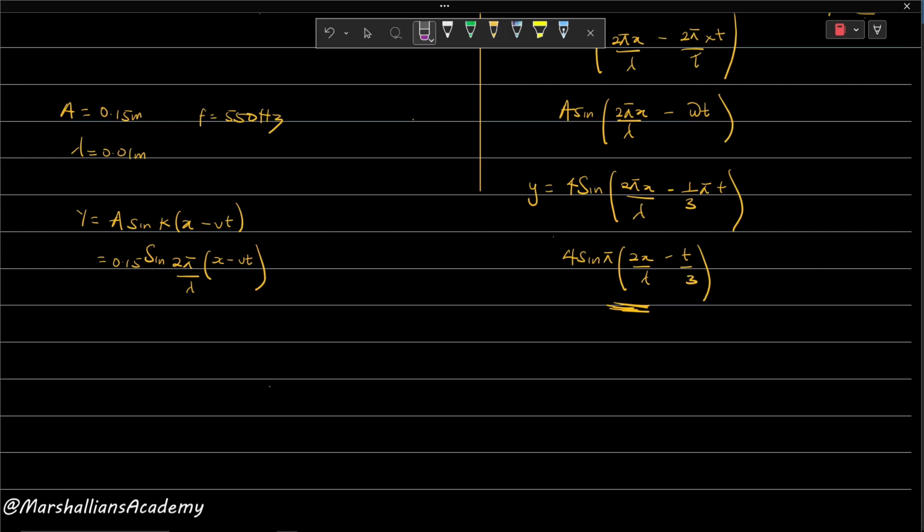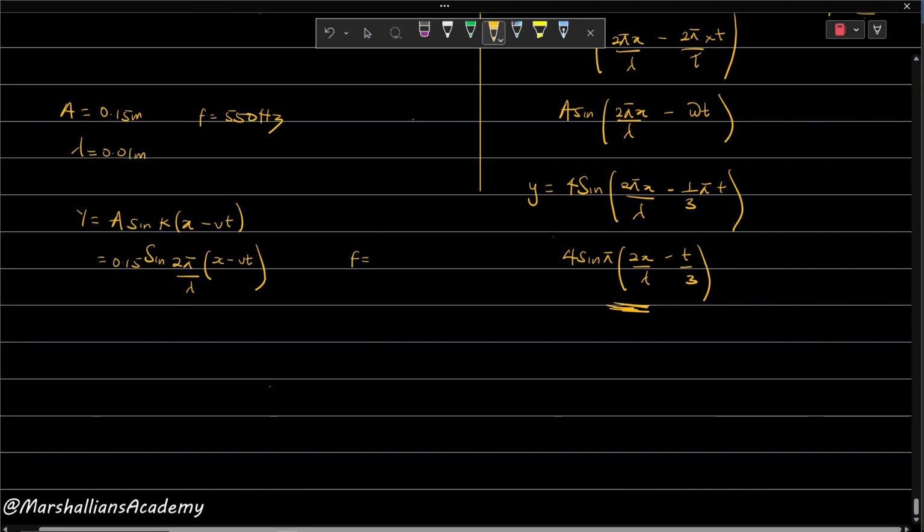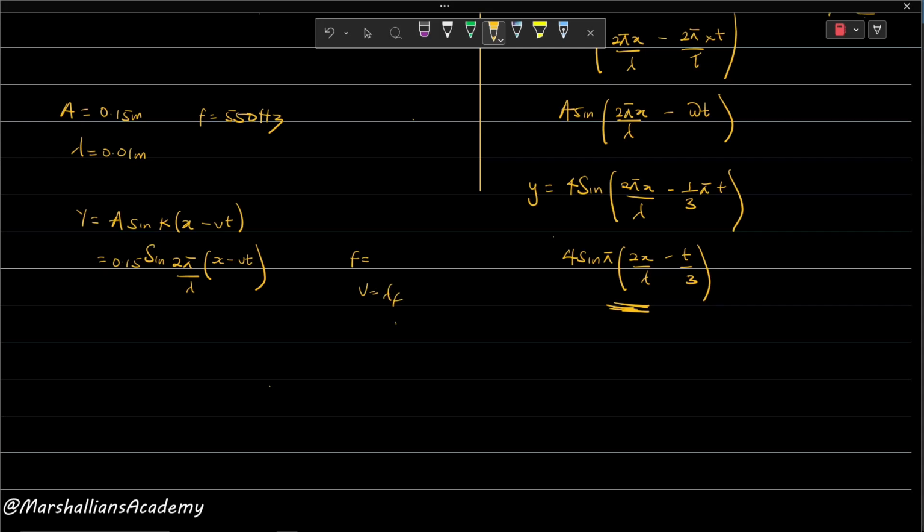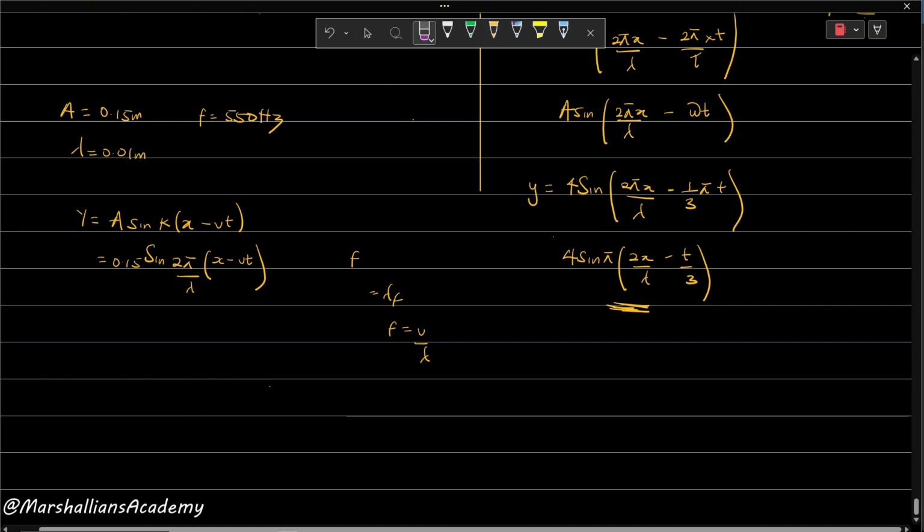How does frequency come from velocity? Okay, I think there's a relationship here. V is equal to lambda f. Did you remember this relationship? Therefore, f is going to be equal to v over lambda. So we can just make v over lambda to get our f. And to do that, we need to do something.